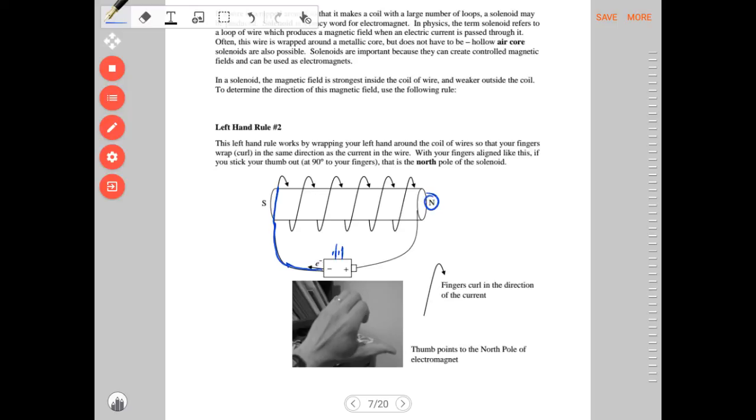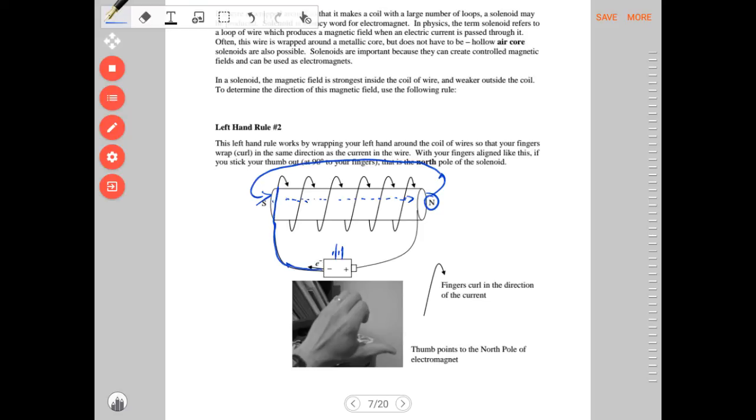Now remember, outside a magnet, the field comes out of the north and into the south. Now remember, inside the coil, if this is a piece of iron, you can't really get inside, but if it's actually hollow, then you could put something in there and the magnetic field would be going from south to north inside the coil.